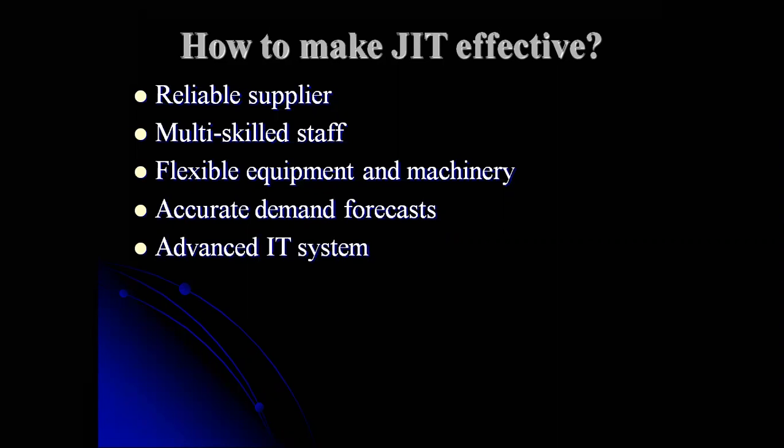Now, advanced IT system. Again, that is required because now advanced IT system means that if you want to keep an eye on the inventory level, the software is the best way to do it, or IT system is the best way to do it, because human, they can make a mistake. They can forget about the level of inventory which is there at present. But IT system can warn you, right?